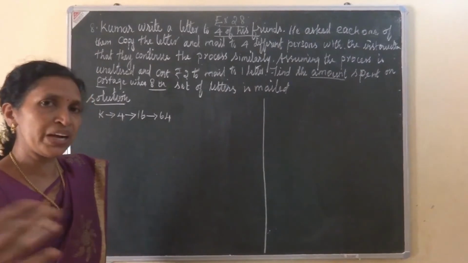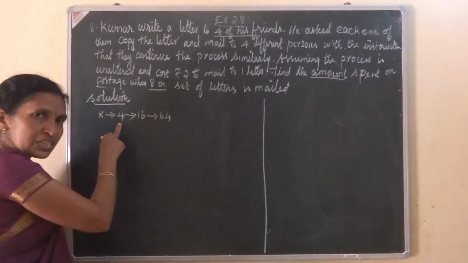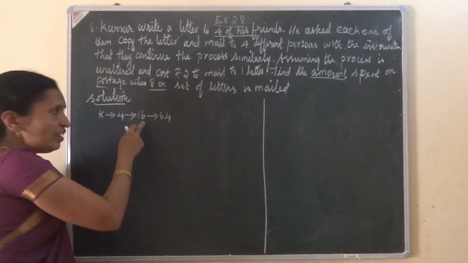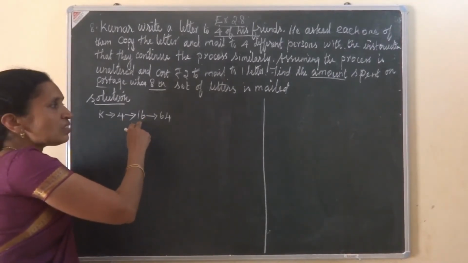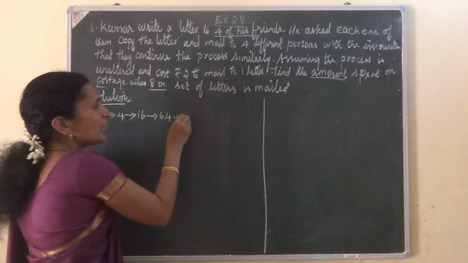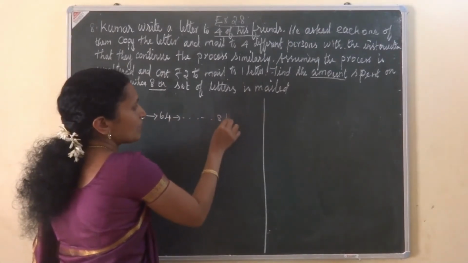This process will be continued. So Kumar first gives to 4 persons, these 4 persons give to 16 persons, these 16 persons give to 64, up to the 8th set of letters. So up to the 8th term.